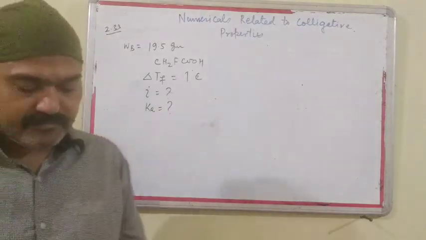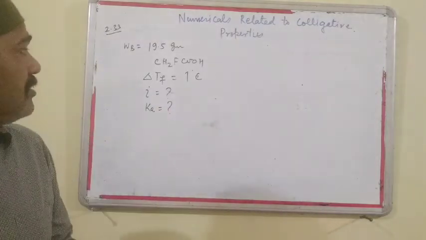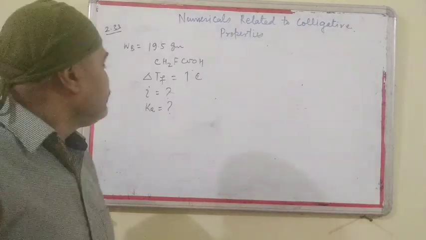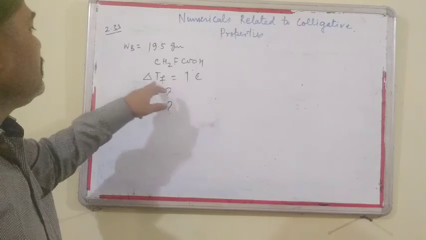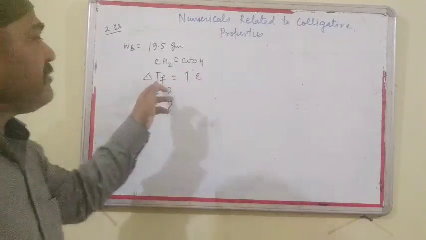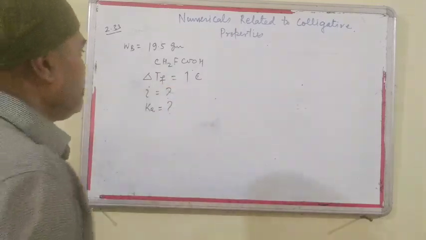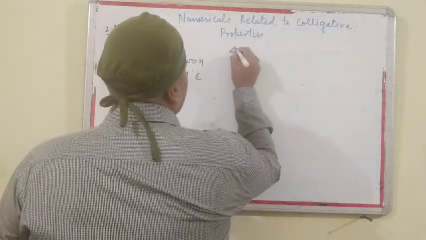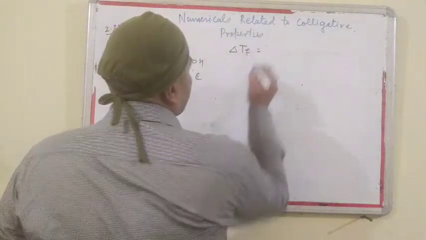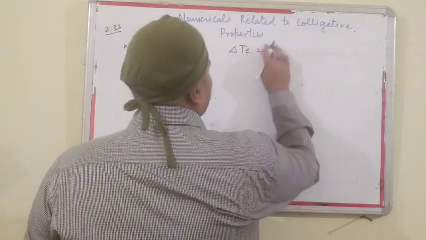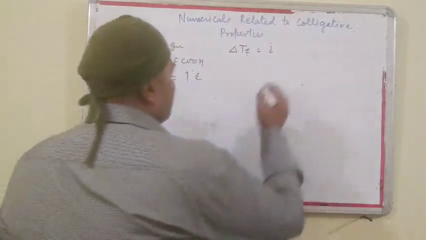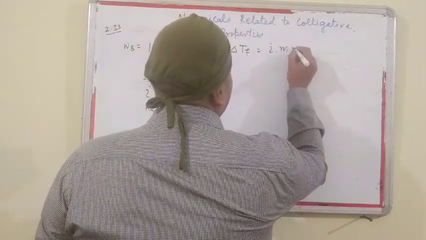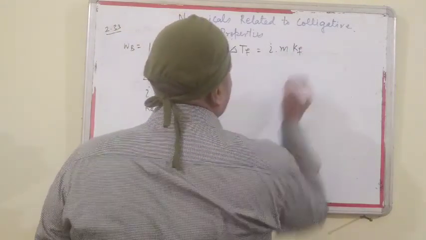Now, first of all, this is related with the depression of the freezing point. So we will use this formula: Del TF equal to, here we will use the van't Hoff factor iota, MKF.